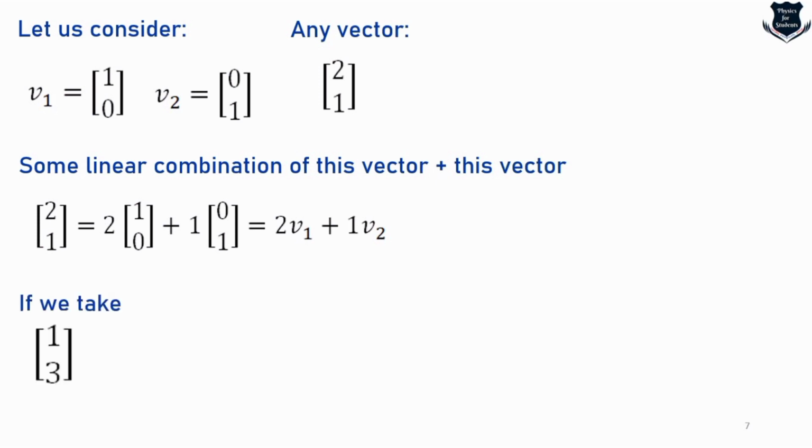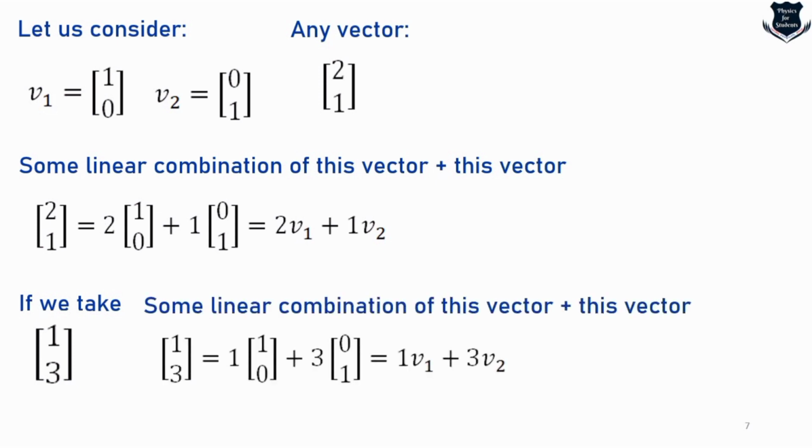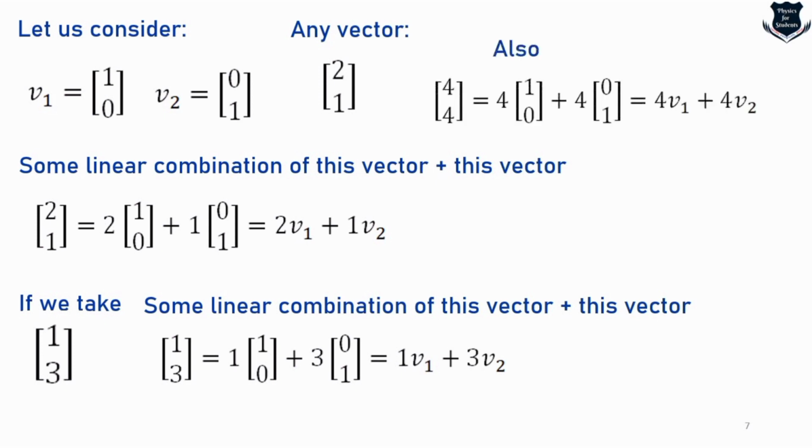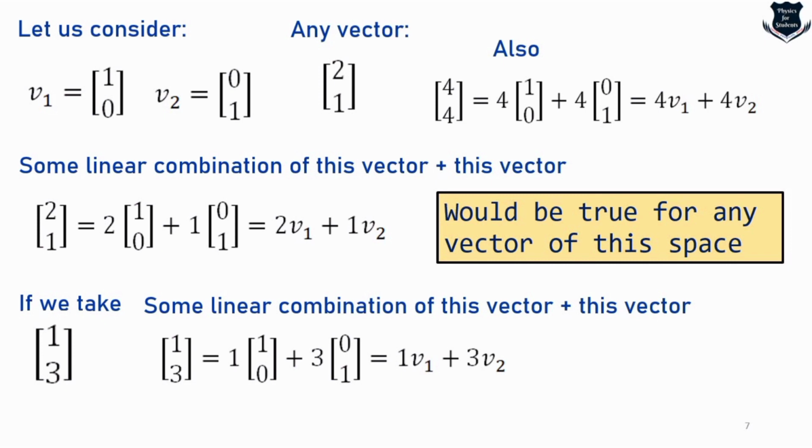Now I take another one, 1 and 3, and again take a linear combination of the two vectors, and I get 1v1 plus 3v2. I can go on and on. So 4, 4 can be represented as 4v1 plus 4v2, anything like that. This would be true for any vector of this space.